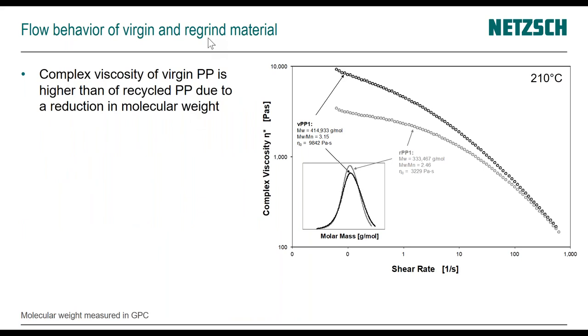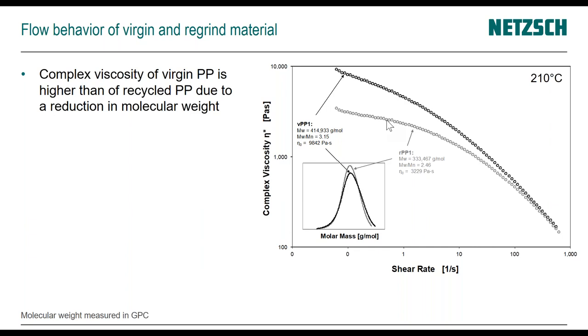And the first curve I want to show is the flow behavior of virgin and regrind material. In the black curve, you see the virgin polypropylene, and in the gray curve, you see the regrind polypropylene, so the same type of material, and you see the shift in zero shear viscosity tells us that the regrind underwent a reduction in molecular weight.